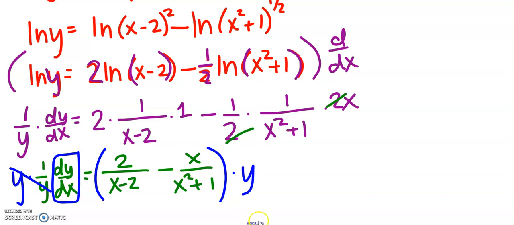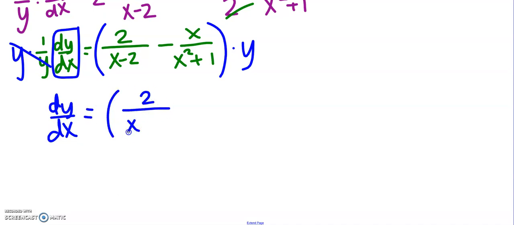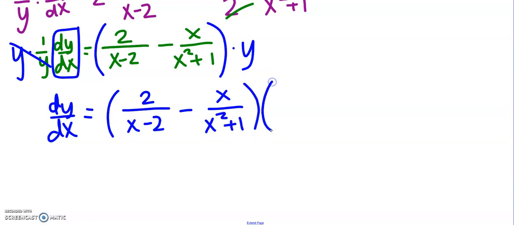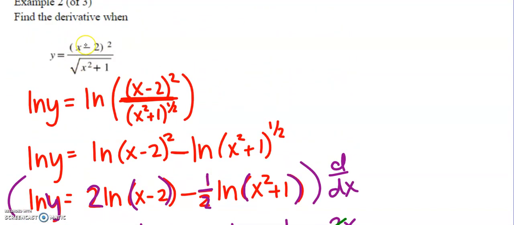Okay, I'm running out of room. Hopefully you guys wrote small in your notes packet. I get dy/dx equals 2 over x minus 2 minus x over x squared plus 1, times, what was y equal to again? Well, that's right. It was equal to this mess up here.